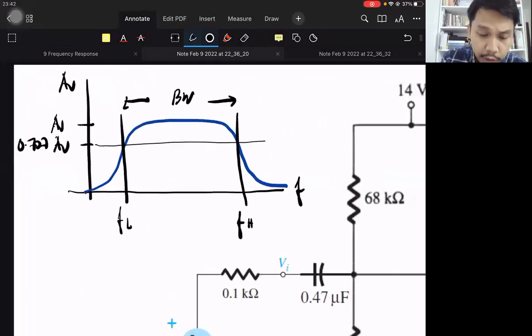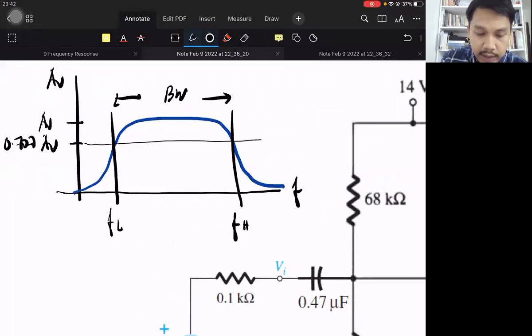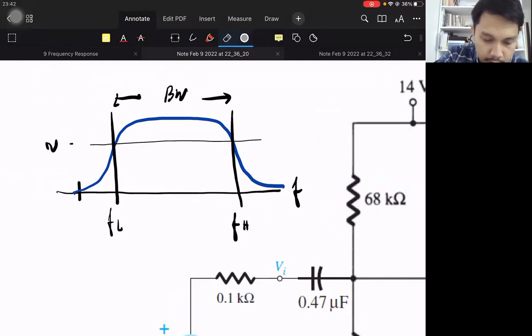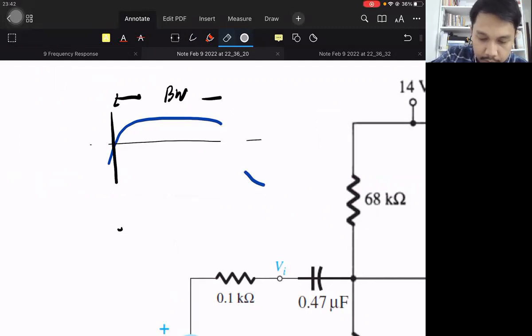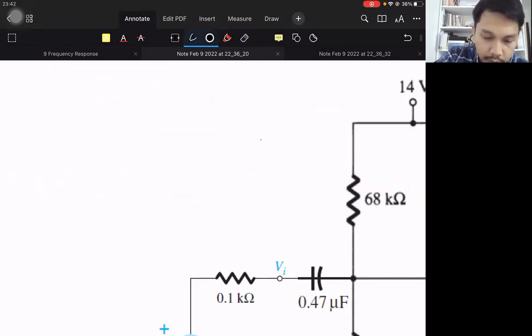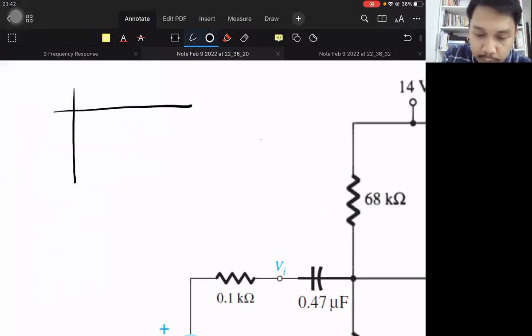So we could draw the Bode plot later like this, or we could also draw it like this, not frequency against unitless voltage gain, but frequency against dB gain. Okay, so this is the look of our frequency response when we use dB.